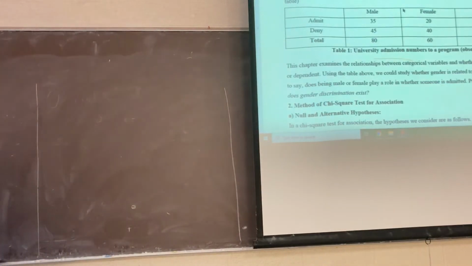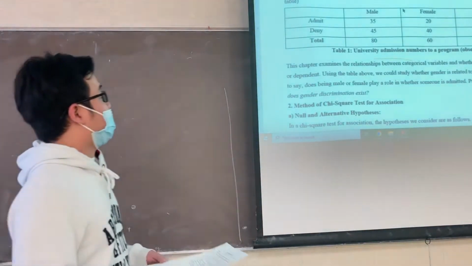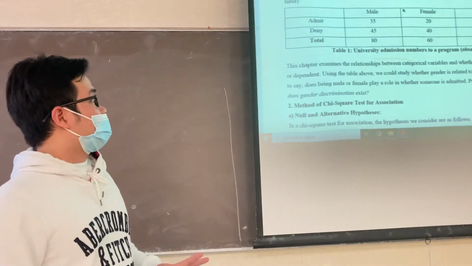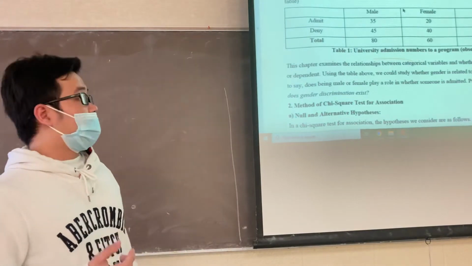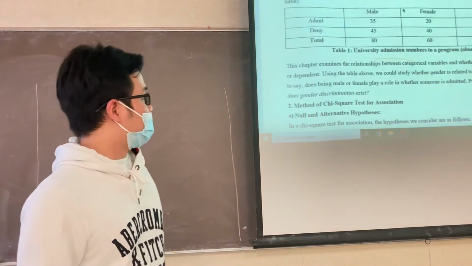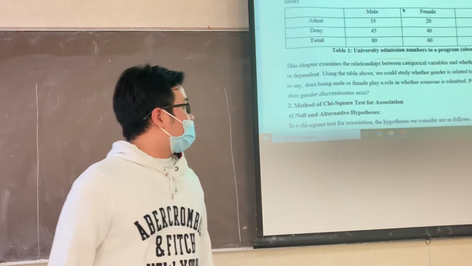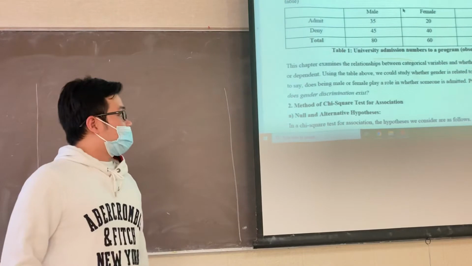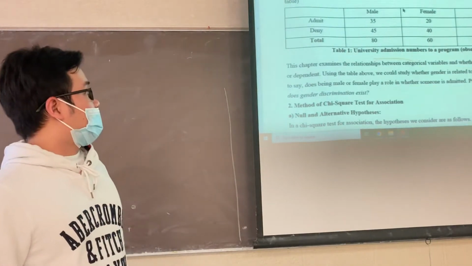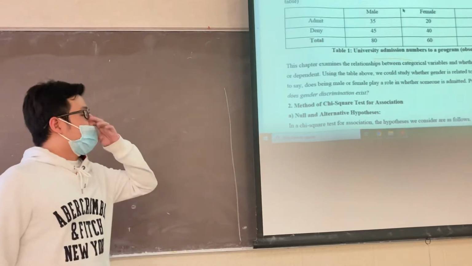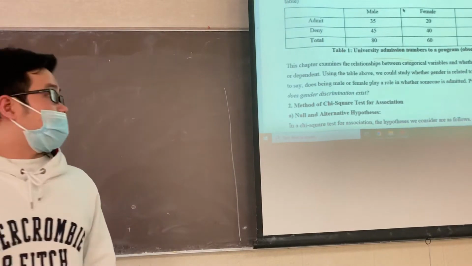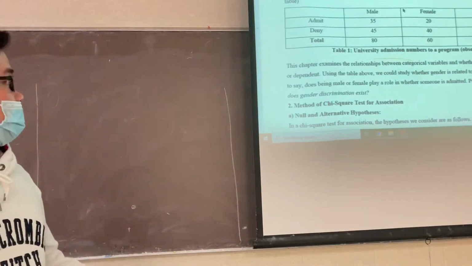As you can see on the table, we turn our attention to assessing whether two traits or characteristics in the populations are associated in some way. Table 1 shows university admissions to a program, the observed frequencies. The number 35 represents the male students who are admitted to the university.